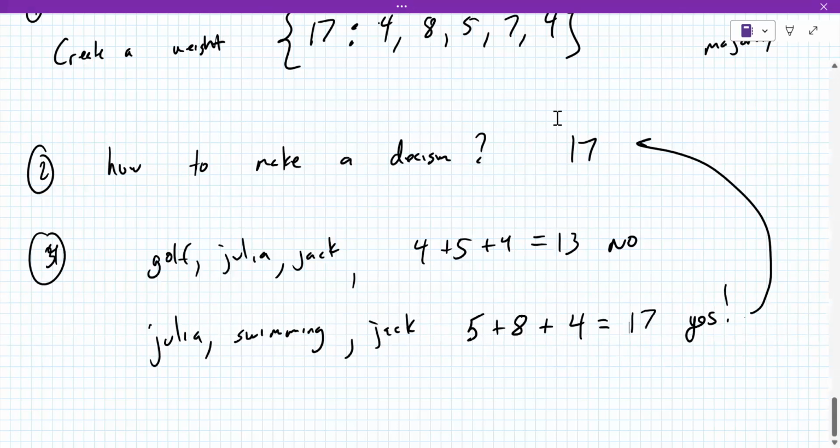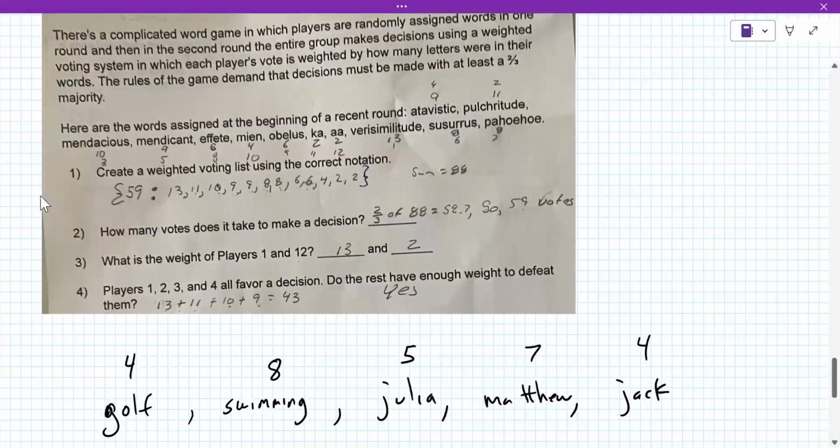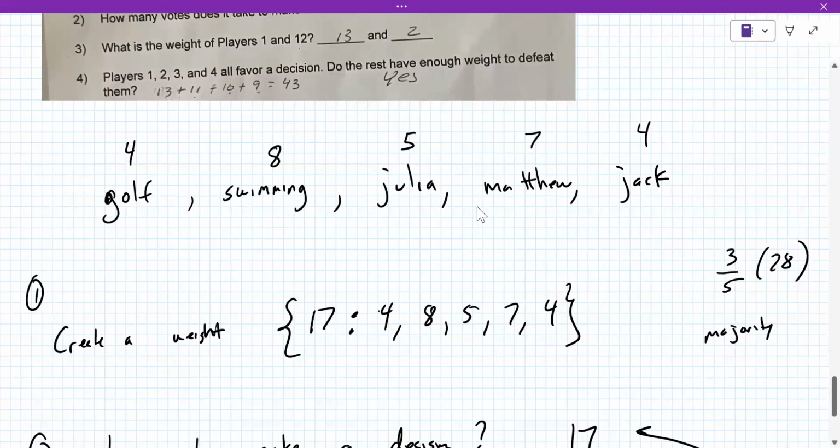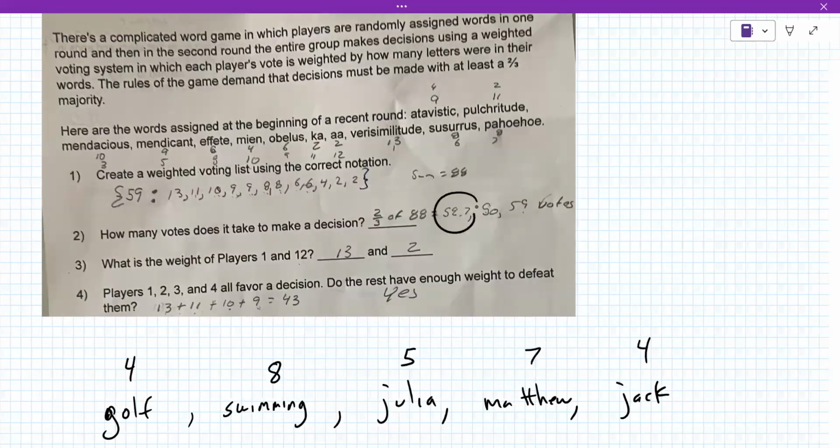Oh, okay. And I didn't really look at the 2/3 in your problem where it had 2/3 of 88, which looks like it rounded down. I don't know why you rounded down. You might want to ask that. Why is this rounded down?